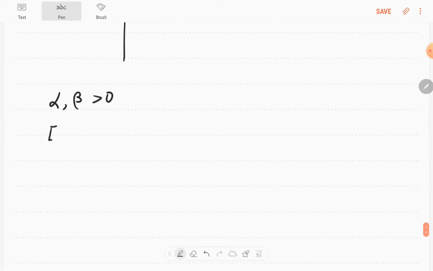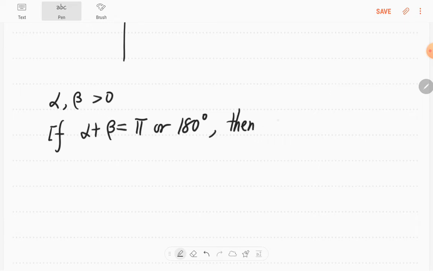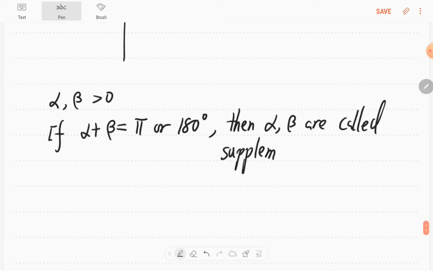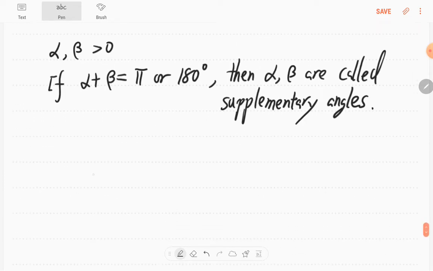If alpha plus beta is equal to pi or 180 degrees, then alpha and beta are called supplementary angles. What does this mean?